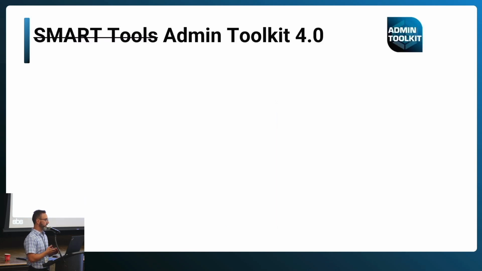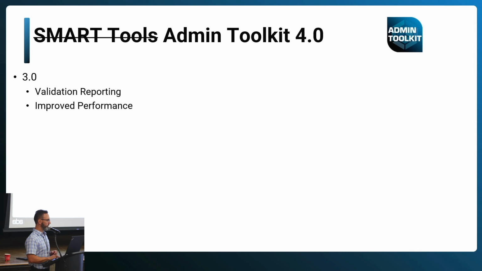So the smart tools have been rebranded, as well as got a new look and feel. Over the course of the 8.4 timeframe, there was a 3.0 release that made some significant changes to how smart tools operated to drastically improve performance and improve how you get the validation results out. And what that means is that the template builder tool allows you to specify most of your configuration in Excel spreadsheets.